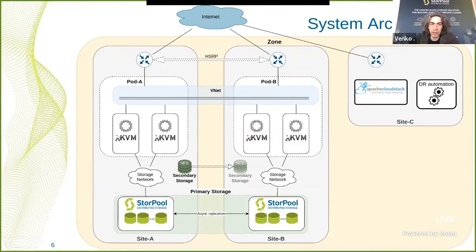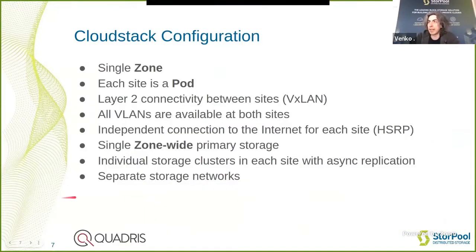So this is a high-level overview of the topology. Again, the summary: everything is defined in a single zone. Each site is a separate pod. There is layer 2 connectivity that allows VMs to switch from one site to another without a need for changes in the network settings.